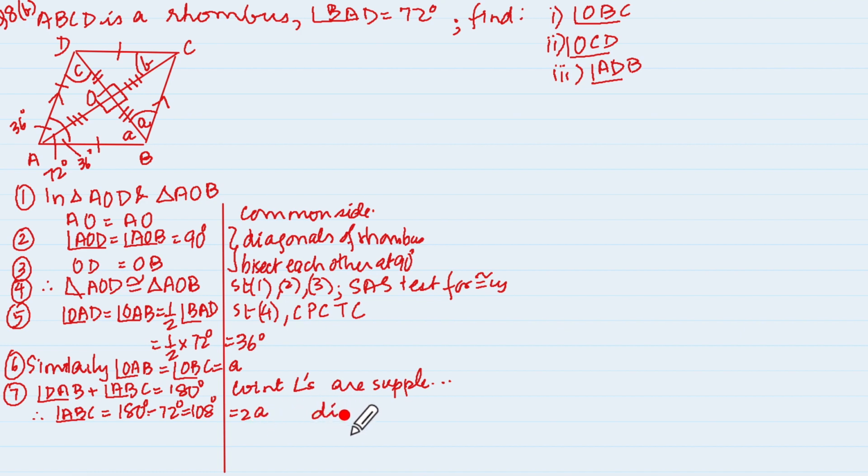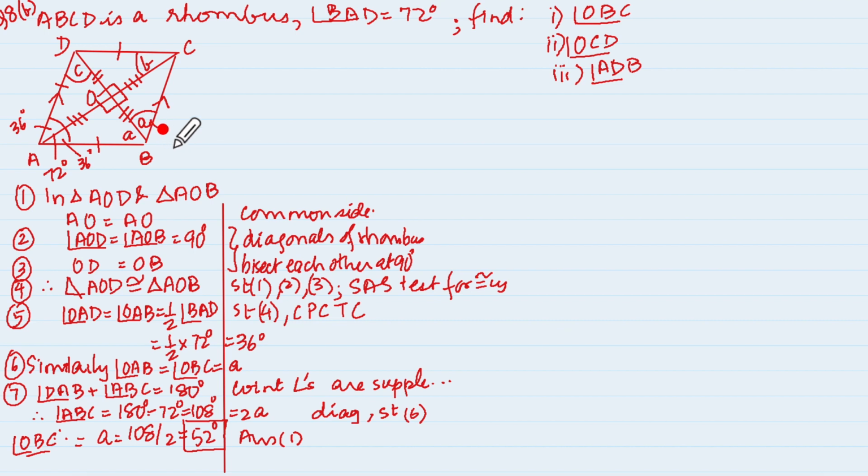And this will be from diagram, and also statement which one? 6. Alright, statement number 8. Therefore, A equal to 108 upon 2, which is equal to 54 degrees. And what is angle A? It is angle OBC. So we'll say angle OBC. And this is our answer.